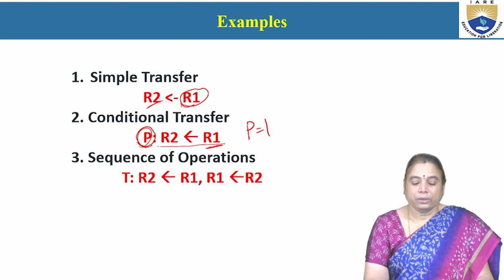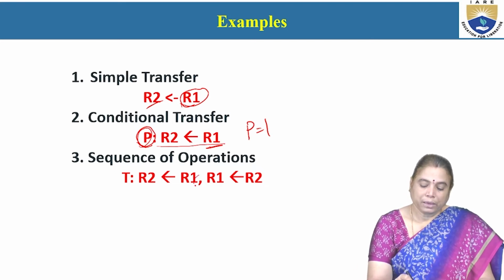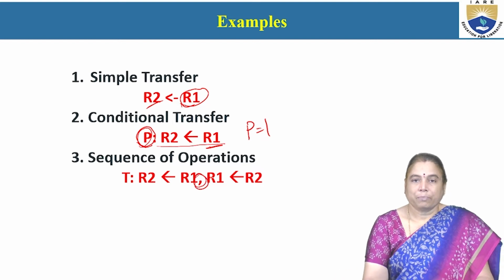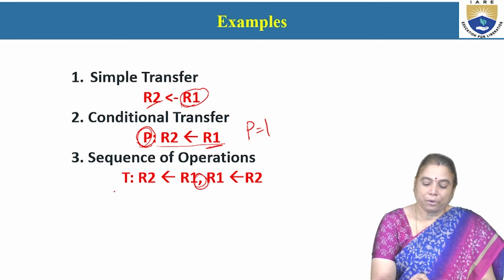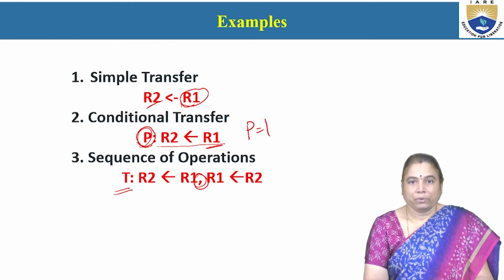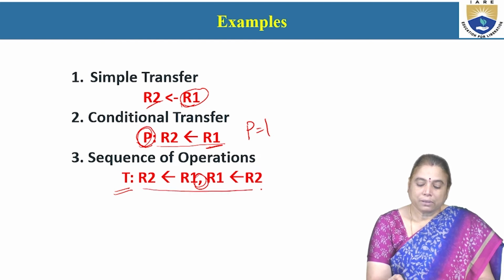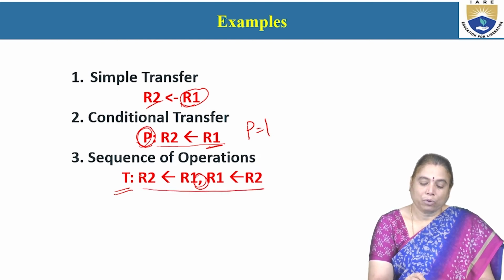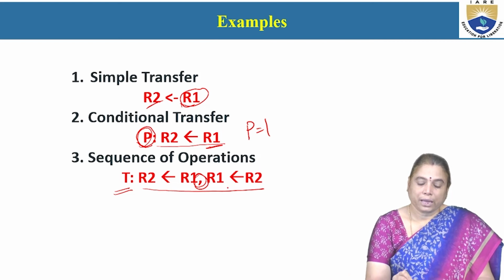Next, third is a sequence of operations. The sequence of operations can be specified separated with a comma. But here also T is a control function. When the control function T contains the value 1, then the operations specified after the colon are executed. Here two micro operations are carried out depending upon the T value.